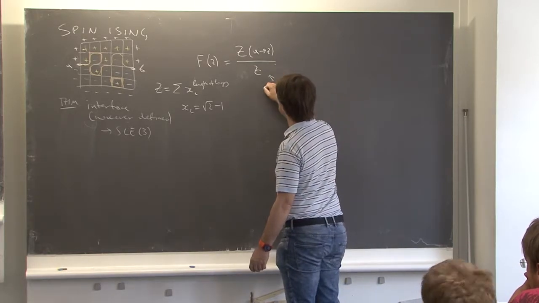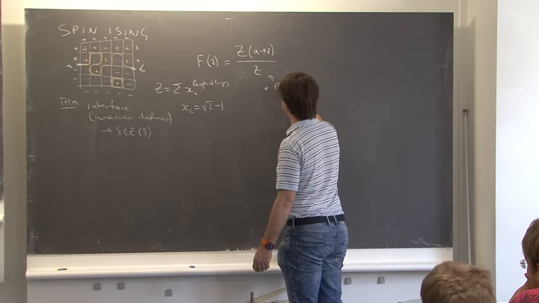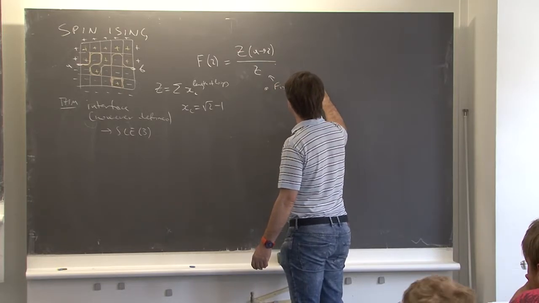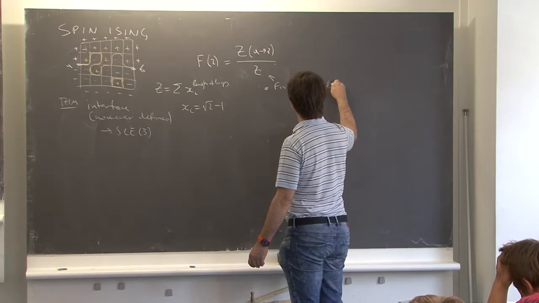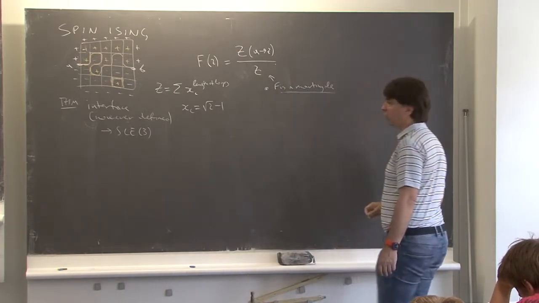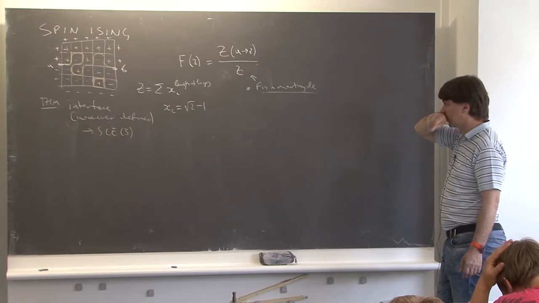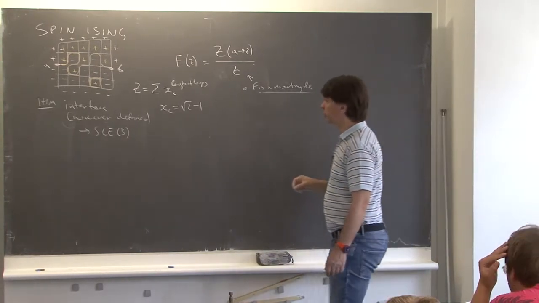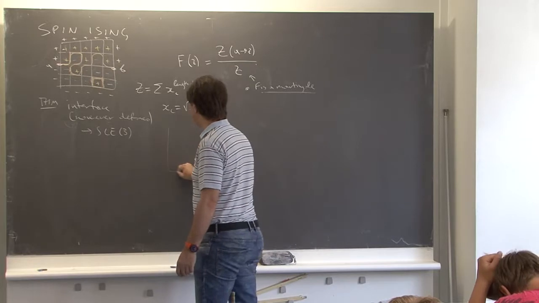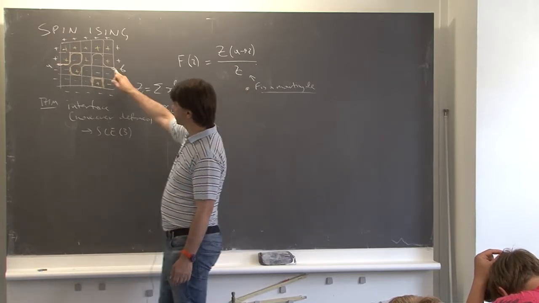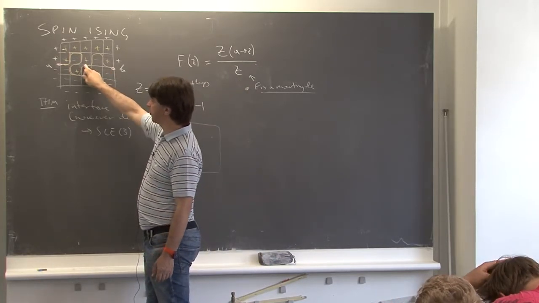So f is a martingale. Now, what is the thing I get in the denominator? So in the denominator, you do the following thing. You assume that your interface ends not at B, but at some point in the middle.